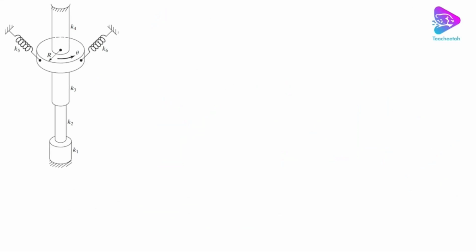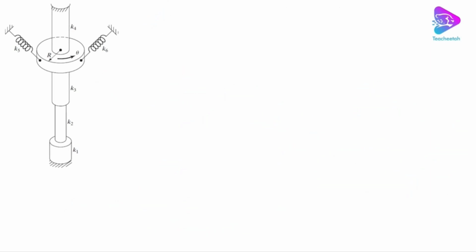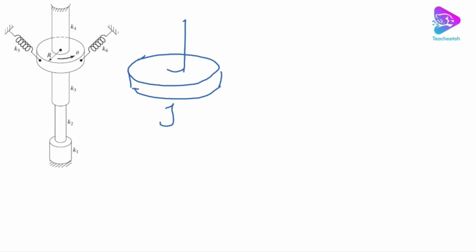So as you may remember, we ended up with this system. We have the disk, let me go back here. We have the disk with the moment of inertia of J, and then we have the equivalent stiffness for all shafts, which was KT2, and now we have the two linear springs on the side, right?